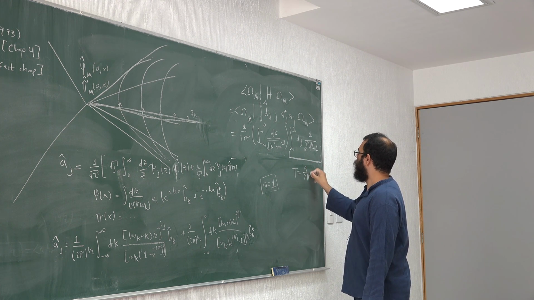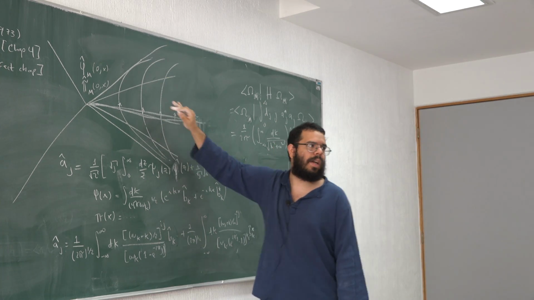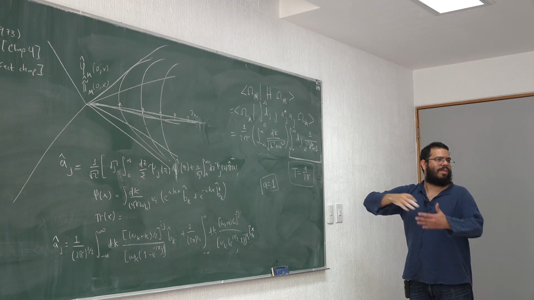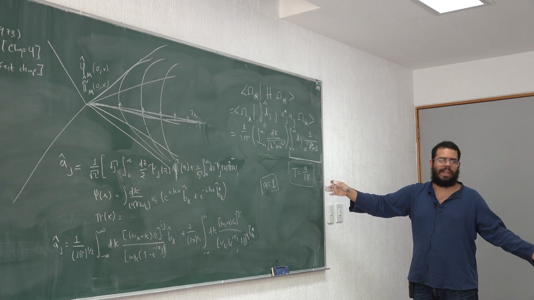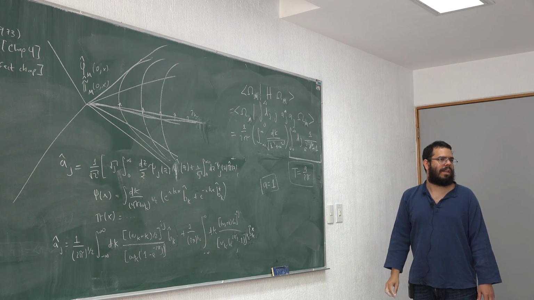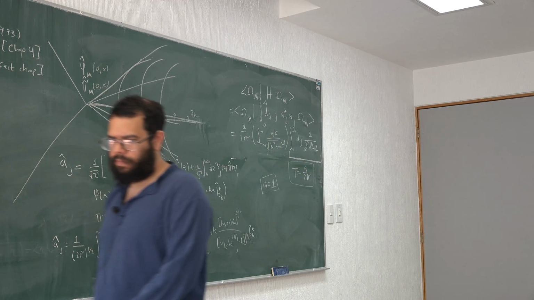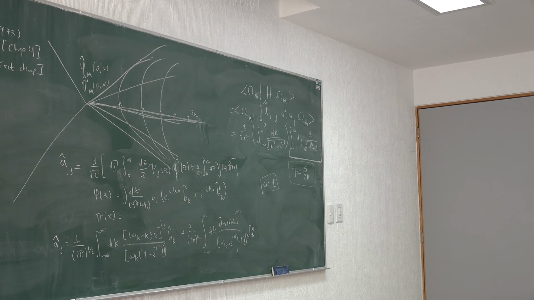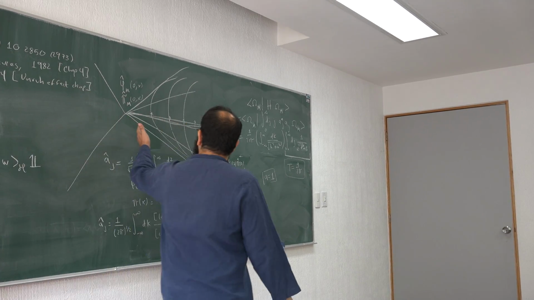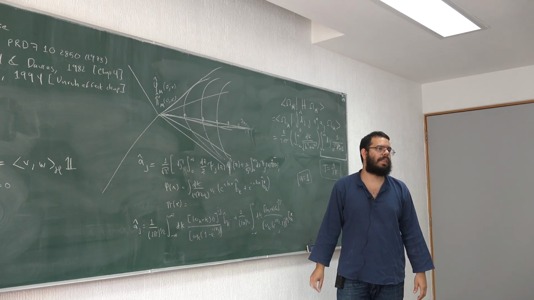So for an observer that flows along these lines and describes the universe only in this Rindler wedge, the universe in the vacuum of Minkowski space looks like a thermal state at temperature proportional to acceleration. And this comes from a more general result, which has to do with the geometry of this space-time, right?